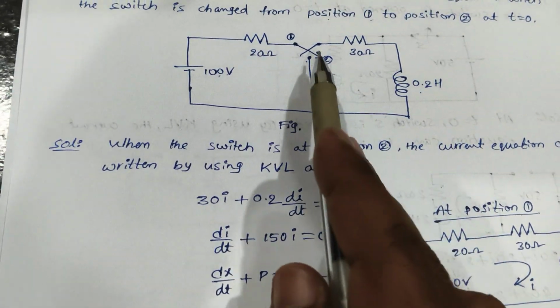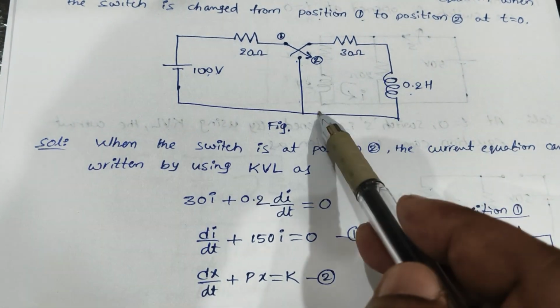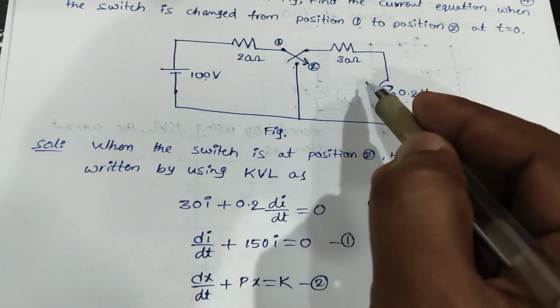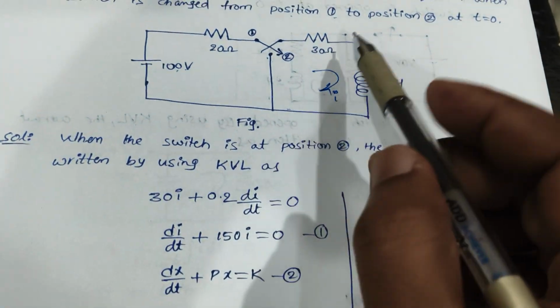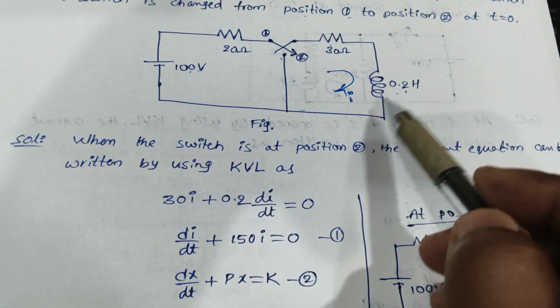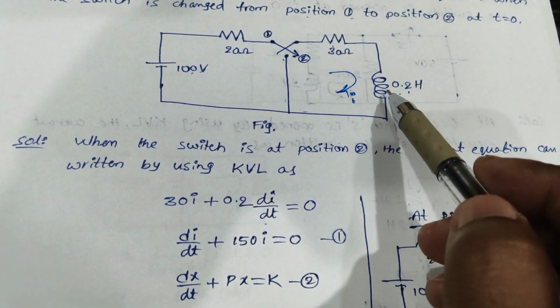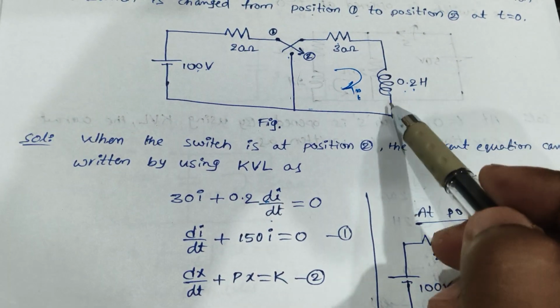When the switch is moved to position 2, only this is the closed path. For this closed path, if you apply KVL, with current I, we get 30 into I plus 0.2 into di by dt, because voltage across inductance is L into di by dt, which is equal to 0 because there is no source.